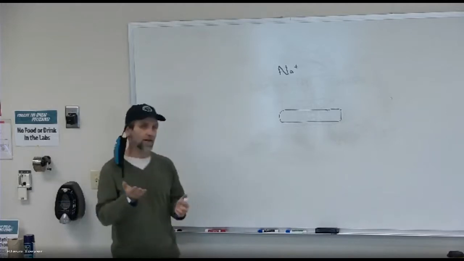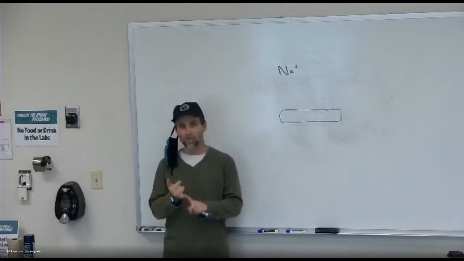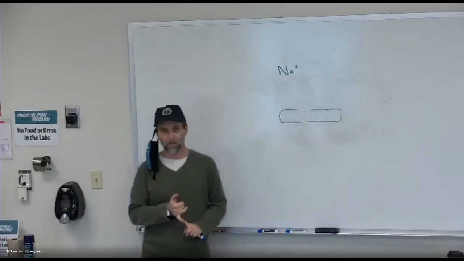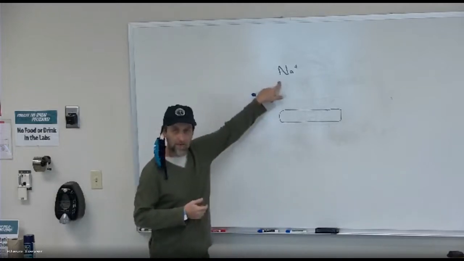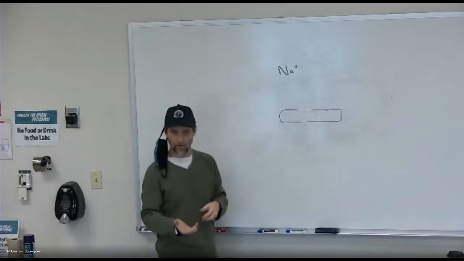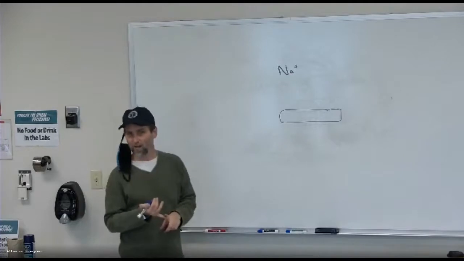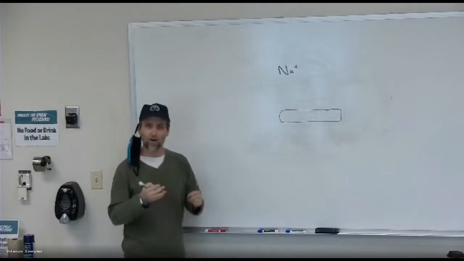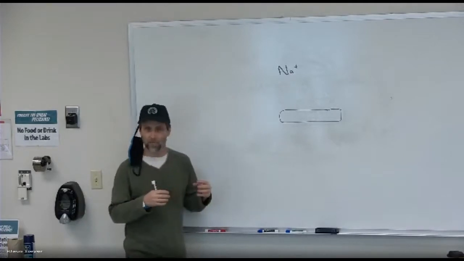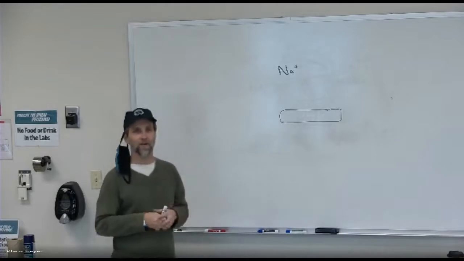Electrolytes do things like move water around your body. We talked about how wherever sodium goes, the water is going to follow it. But there are other things they do. Your nerves firing, your muscles firing, all the electrical stuff that goes on in your body, that's electrolytes that make it happen.